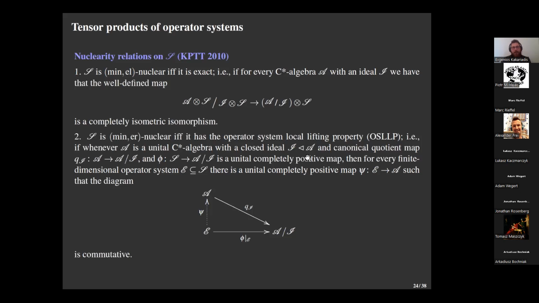Min-er nuclear means the local lifting property for operator systems. Suppose that you have A and I ideals, and you have a map from S to the quotient. You choose E to be a finite-dimensional operator subsystem in S, and you take the restriction of that, and you can lift it to a UCP map on A that makes this diagram commute.